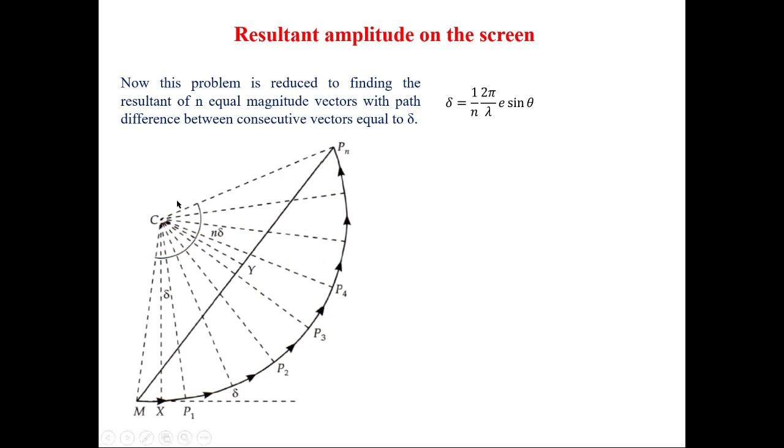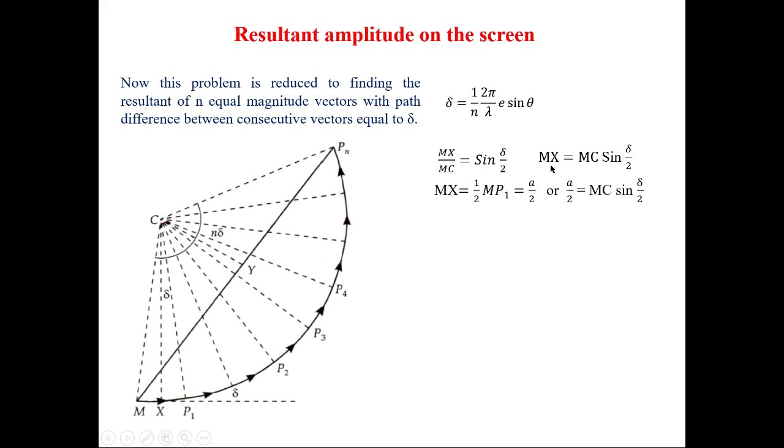In triangle MCX, this length is half of the length of the vector, and MP1 is A, so MX will be A by 2. And this length is MC. Because this angle is delta by 2, we can write sine delta by 2 is equal to MX divided by MC, as this angle is 90 degrees.